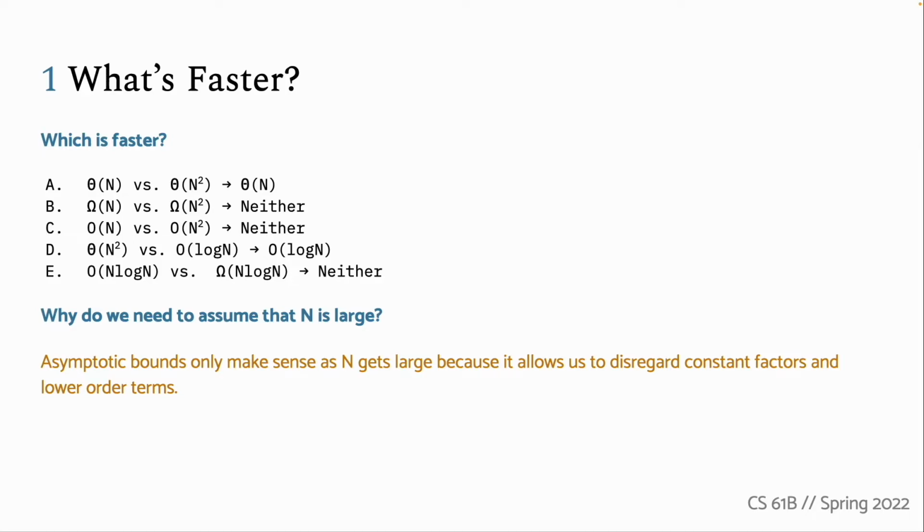So these functions are not necessarily always bigger than one another, but as you get to a large number, they diverge from each other and they go in their respective directions. So we assume that n is large, first of all, to make it easier, and second of all, because we really care about the way that they change as we make the input bigger, not their performance at any specific input.